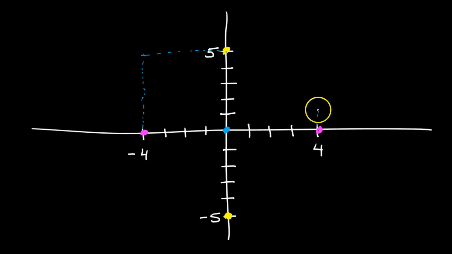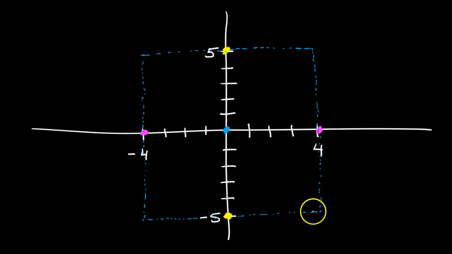So use your vertices and your co-vertices to draw a rectangle as a dotted line like this. Because the diagonals of the rectangle, the line through those diagonals, are the asymptotes.